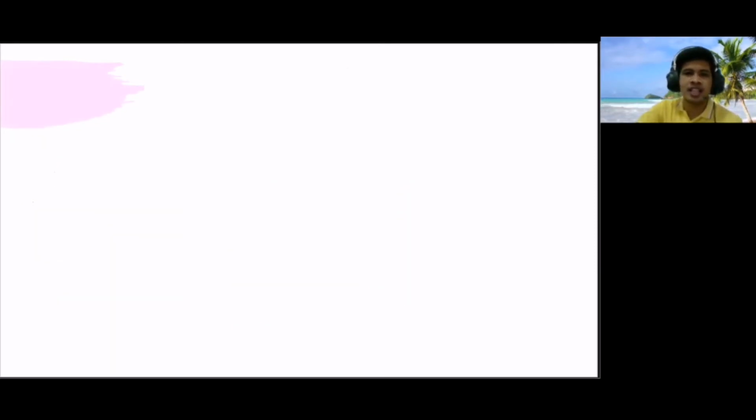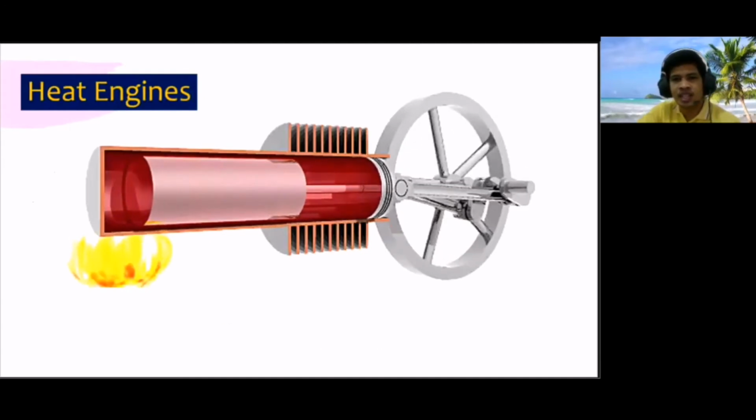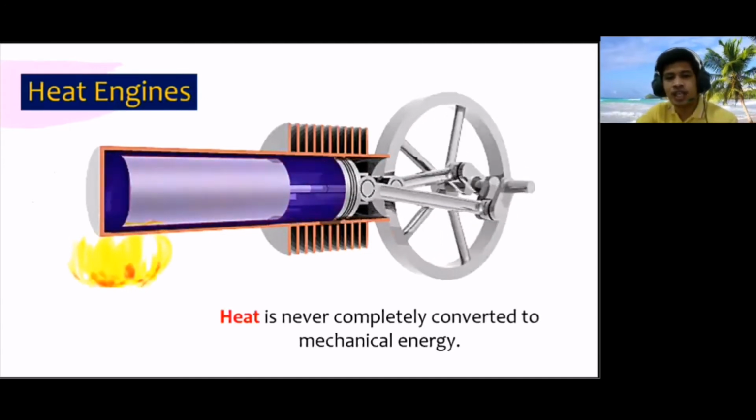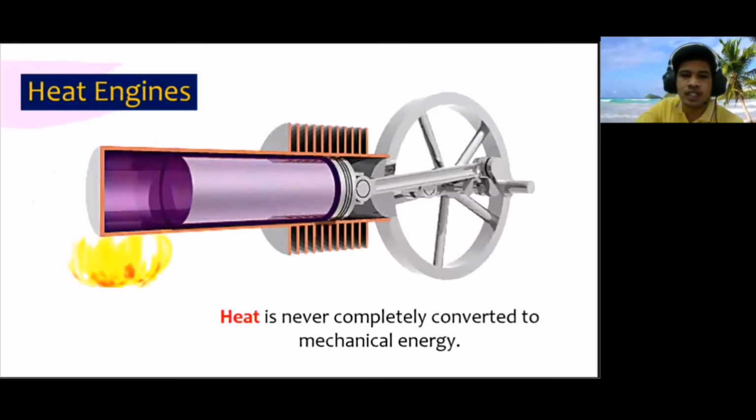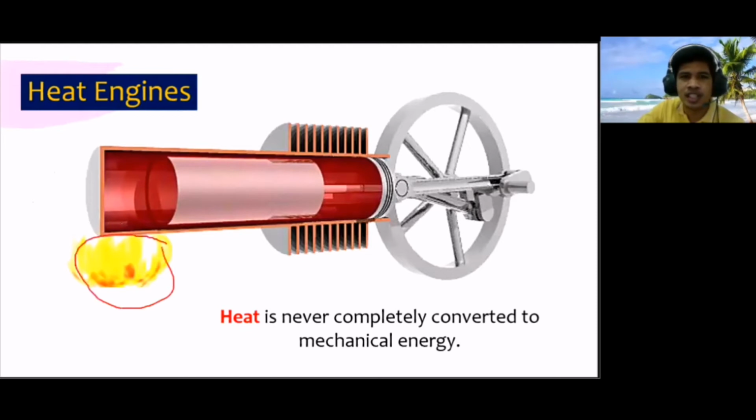Let me proceed to the next slide. Heat is never completely converted to mechanical energy. Let's say if you had 100% here, the output is not always 100%, because in the process heat is released to the engine itself.